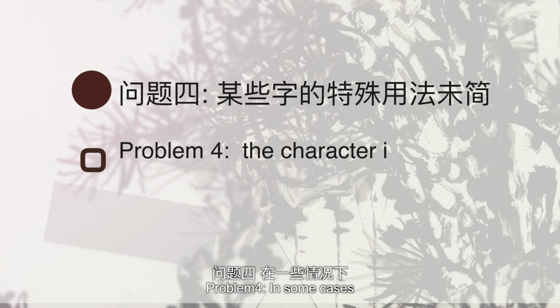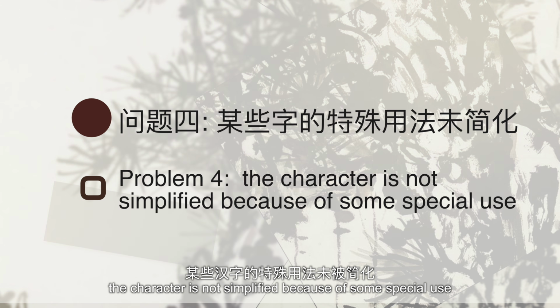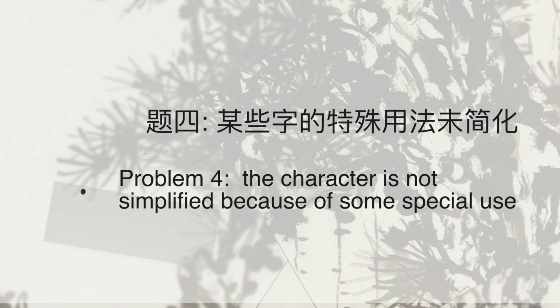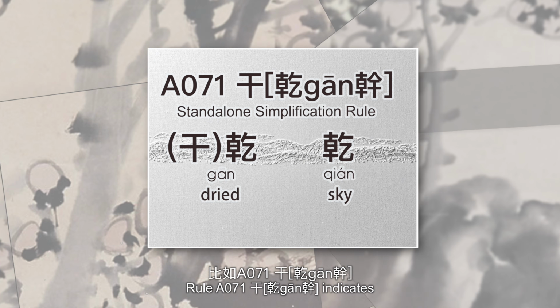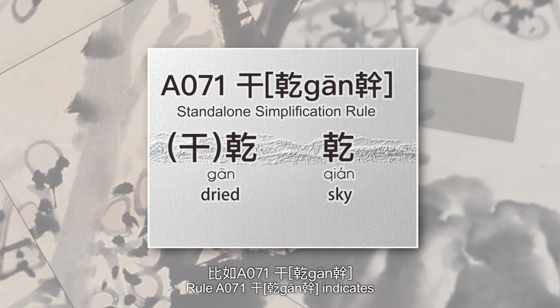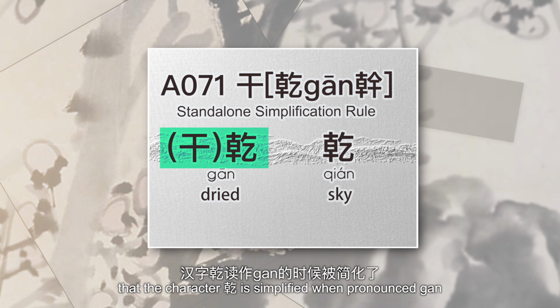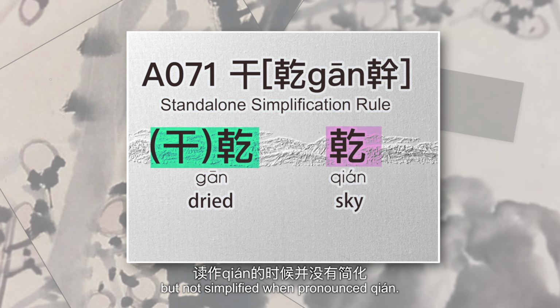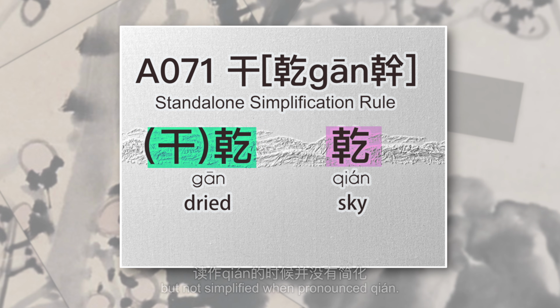Problem 4. In some cases, the character is not simplified because of some special use. Rule A071, gan, indicates that the character gan is simplified when pronounced gan, but not simplified when pronounced qian.